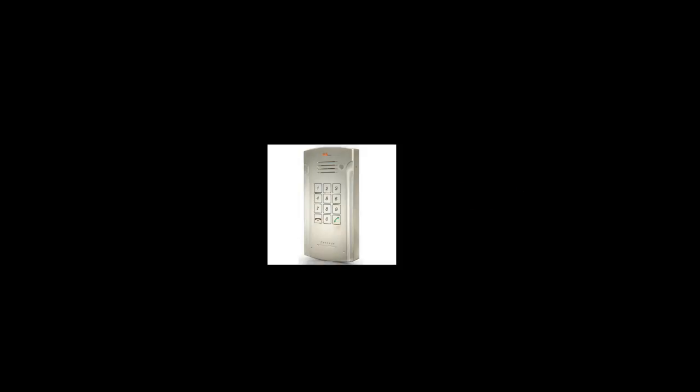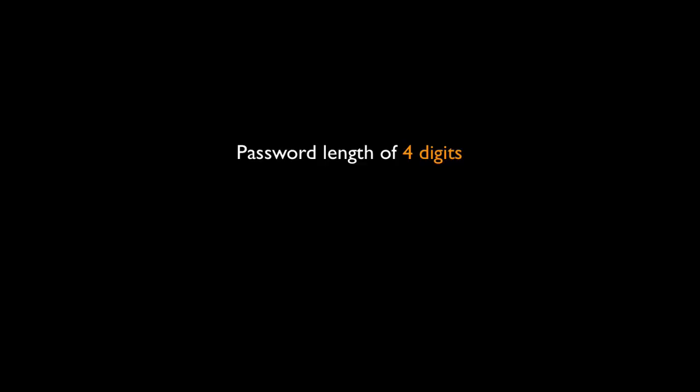Another example is when we use a keylock that has only 10 digits, that is 0 to 9. If we use 4 characters, as we usually do for passwords in a PIN lock keypad, that is 10 to the power of 4, which is 10,000.